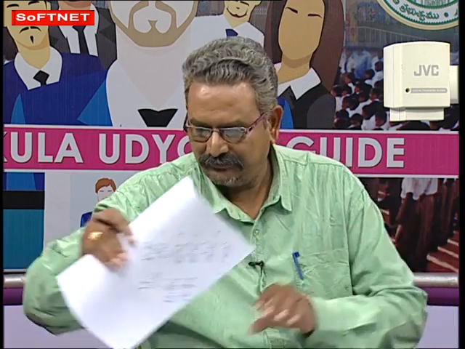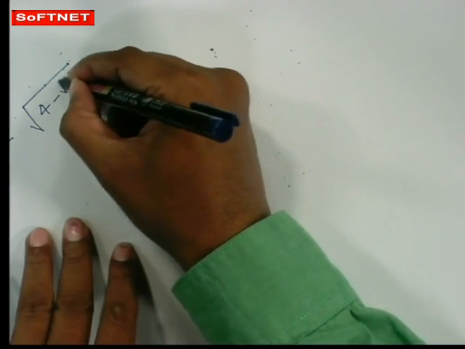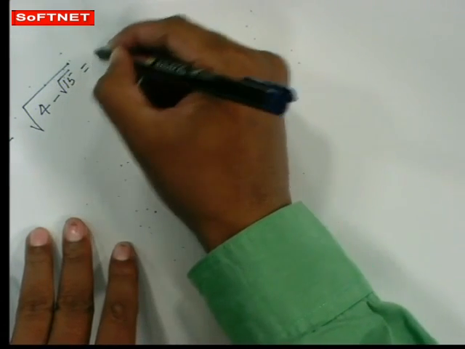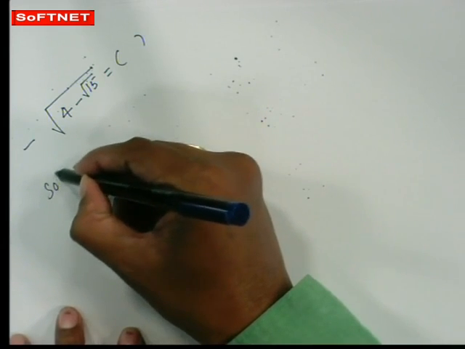Now, in a similar manner, let us do one more problem on square roots: square root of 4 minus root 15.